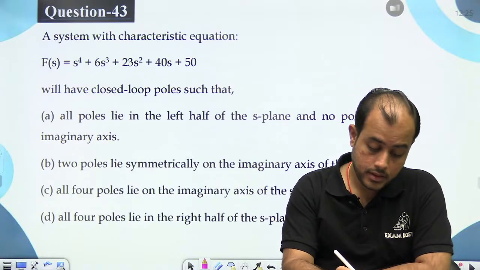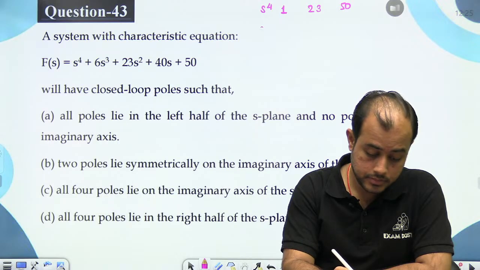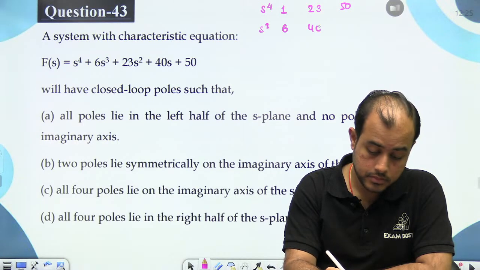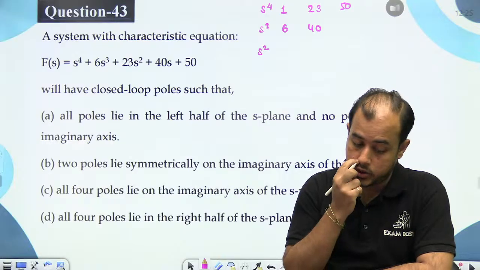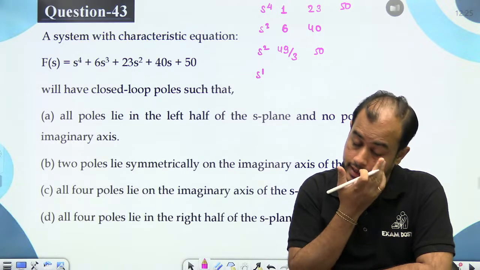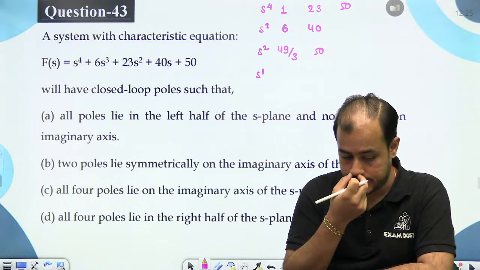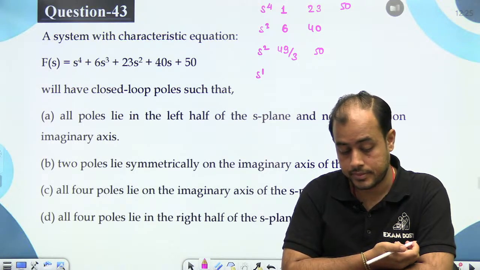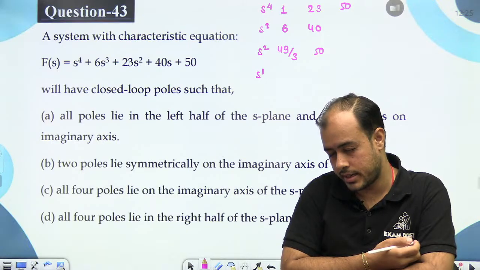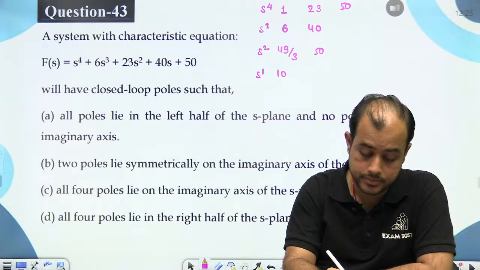Let's see. S4 1, 23 into 6 138 minus 40 98, 49 into 40 1960, right? 1960 by 3 minus 300, so 1060 by 3 divided by 49 by 3.